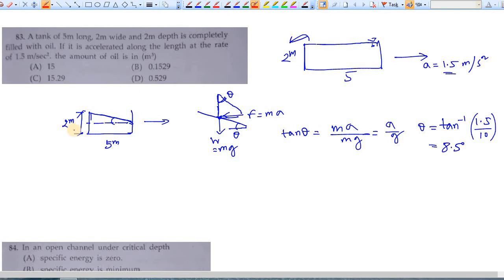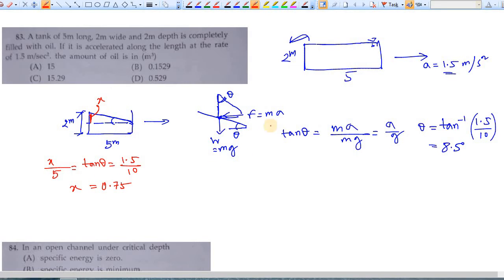Let's mark it with red color. Let's say this is x, and x divided by 5 is tan theta, that is 1.5 divided by 10, which gives x equal to, if you calculate, 0.75.